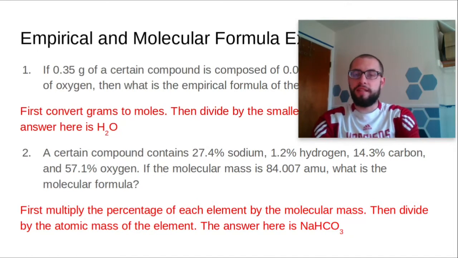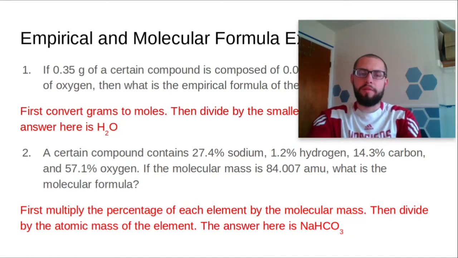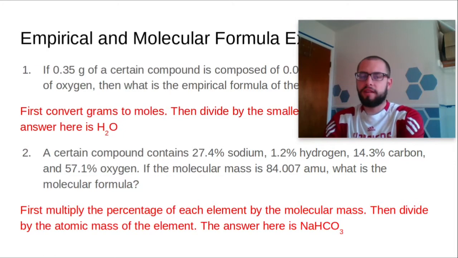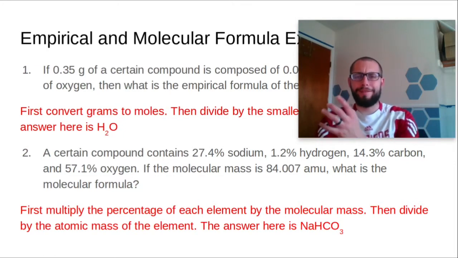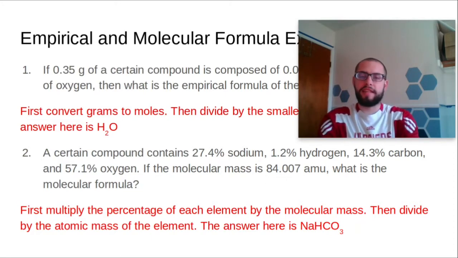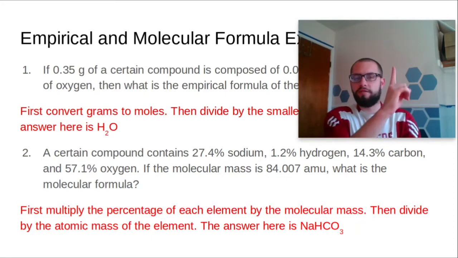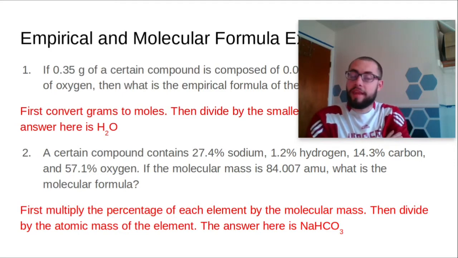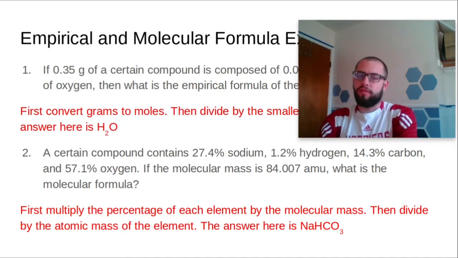This is different from the first problem. In the first problem, I just knew the mass of the sample, which is not like a molar mass or a molecular mass. That's just the mass of one random sample. But this molecular mass, that's telling me exactly the mass of one molecule. So that's going to be, in my opinion, a little bit more useful.